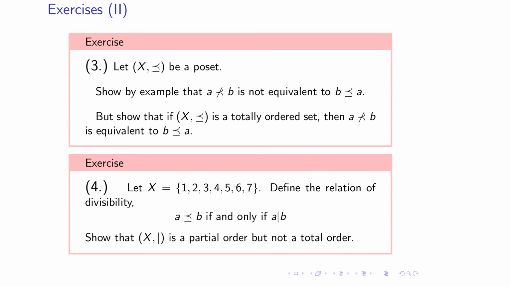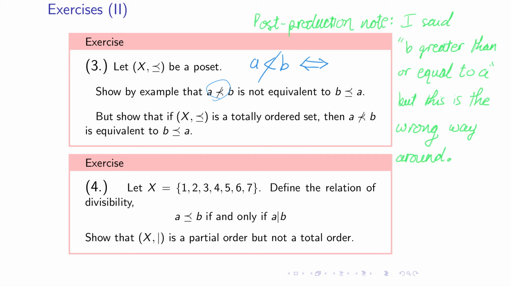Okay, next we are going to do an exercise studying some more about this strict precedence relation. Now, we are familiar with the fact that in the real numbers, A not being less than B is essentially equivalent to B being less than or equal to A. And the question is, does that hold generally for any poset?